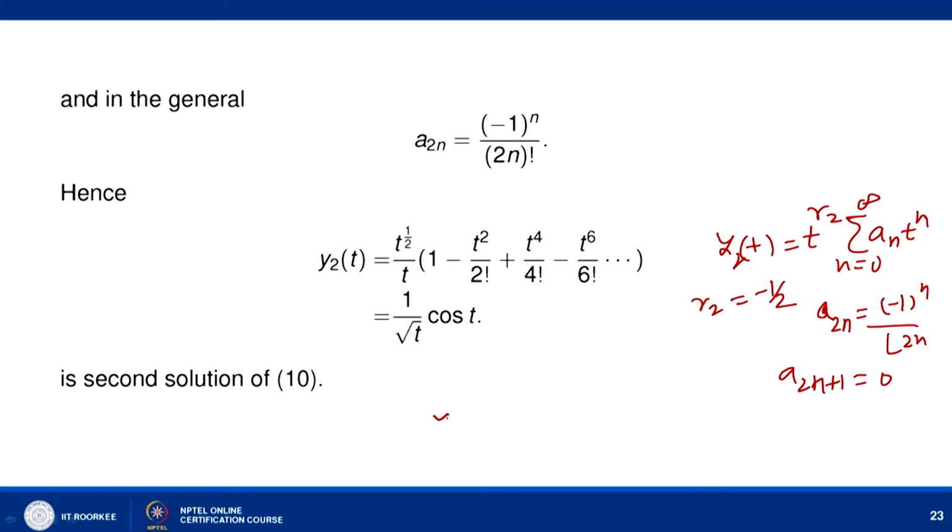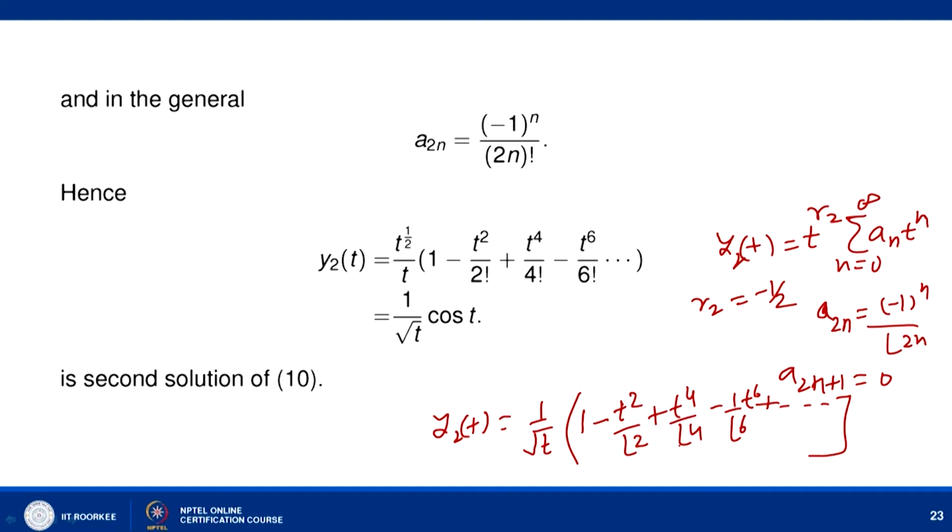So we can write y2 of t as 1 upon root t, because t to power minus half is 1 upon root t, times 1 minus t square upon factorial 2, plus t to power 4 upon factorial 4, minus t to power 6 upon factorial 6, and so on.